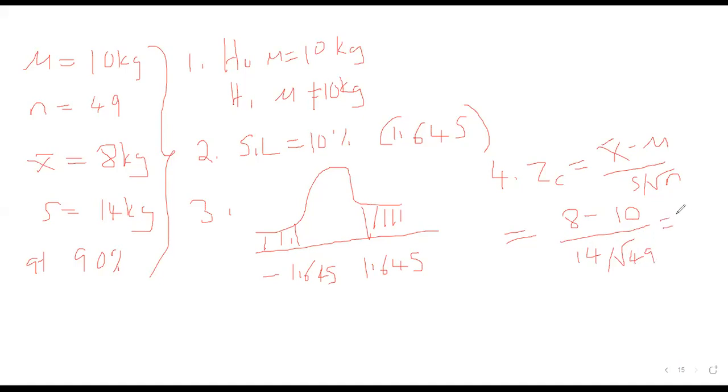What do we get? On top, it will be negative 2, 7 into 14 is 2, so that's negative 1. So what do we put? Negative 1, the location is above negative 1.65.